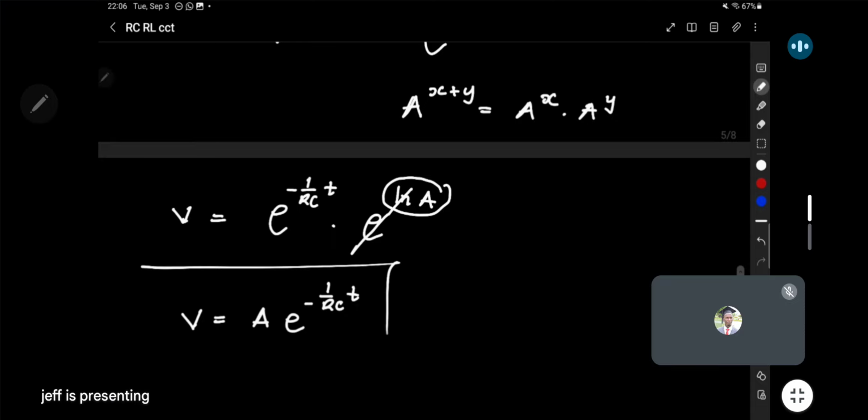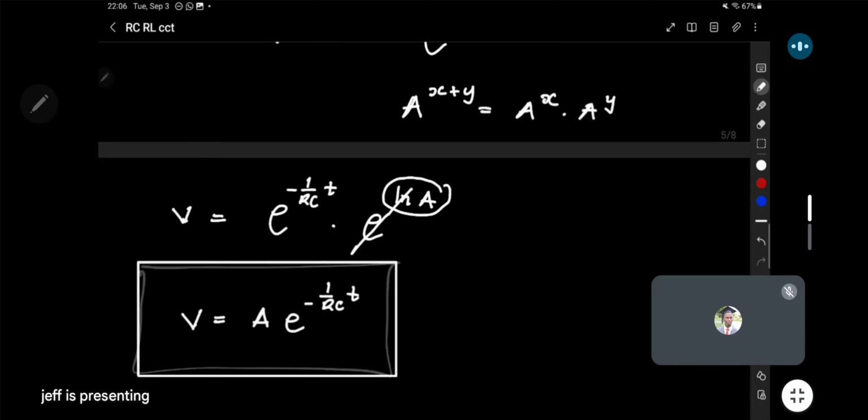This becomes the expression that tells us the response from the capacitor when it is alone in a circuit with the resistor. This is the voltage response of a capacitor in a circuit when it is alone without any source. The type of response we are seeing here, because of the minus which is present here, is an exponential decay.